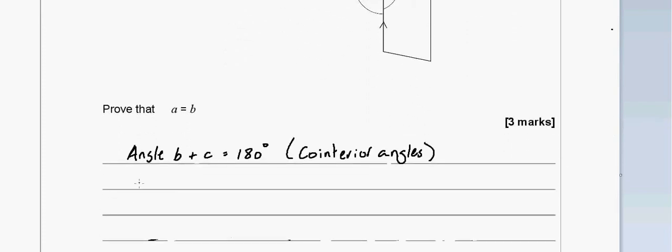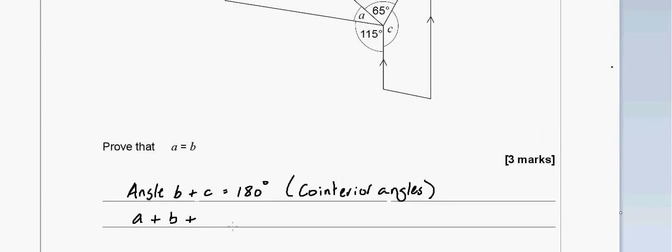So we can say that A plus B, sorry for jerking around a bit, 65 plus 115 equals 360.